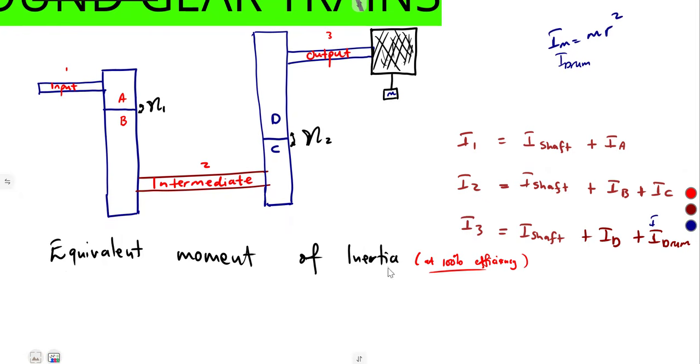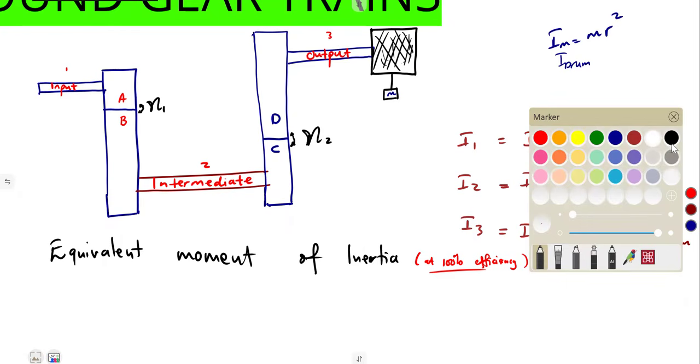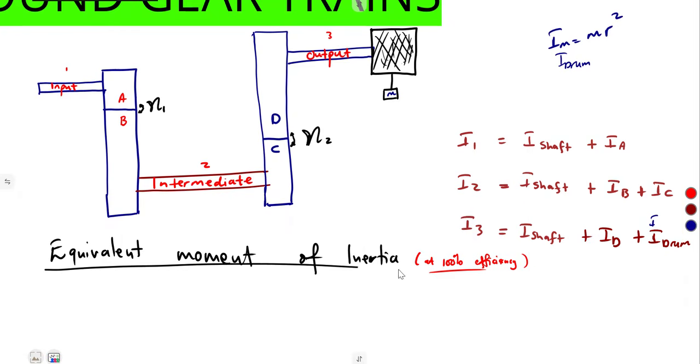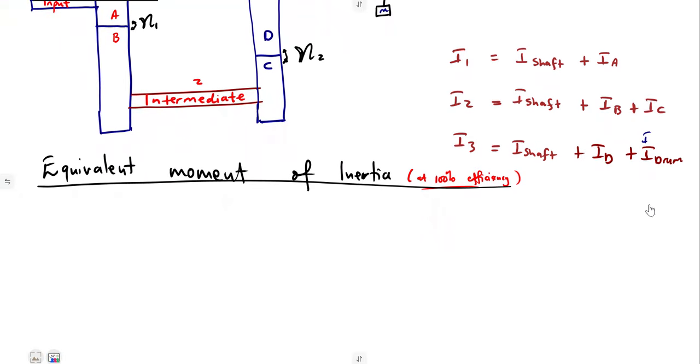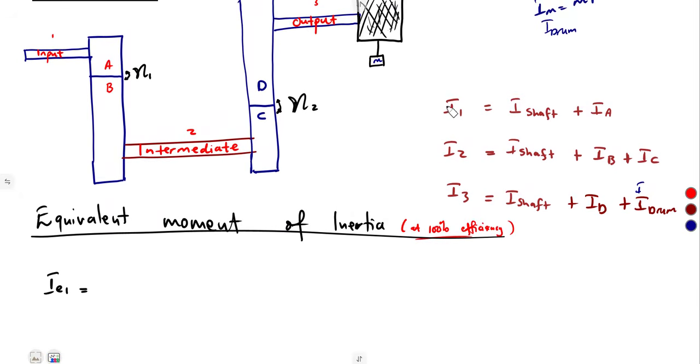Or if they do not specify about the efficiency, these are the formulas that will be best. But like I said before, guys, whether you use formulas that have efficiency straight, still it's one and the same thing. So we have the one referred to the primary, which is the input, at the input. So this time we have I1, I2, I3.